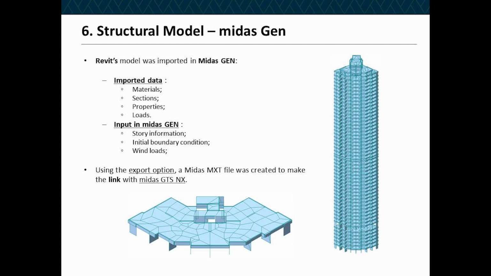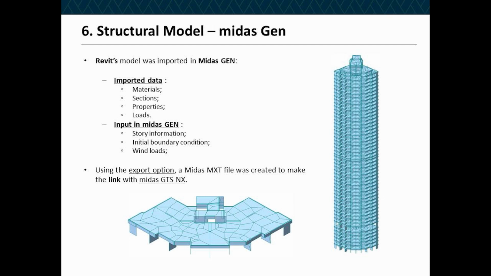Inside MIDAS Gen, some conditions were applied, such as confirming the story information, some initial boundary conditions, and the wind loads, which in this case were derived from wind tunnel results, so they were simply applied in MIDAS Gen.